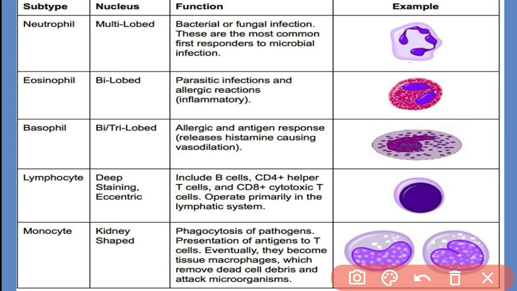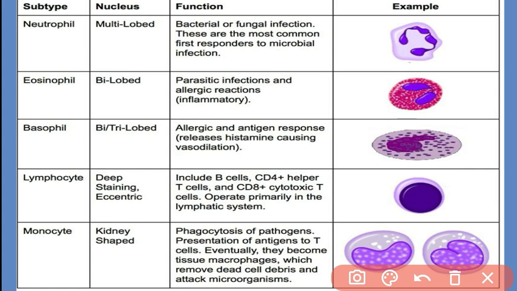Then eosinophils are bilobed and give protection against parasitic infection and allergic reactions like inflammation and atopy. Then the basophils may be bilobed or trilobed. They respond to allergy, and at the time of infection they release a vasodilating substance.